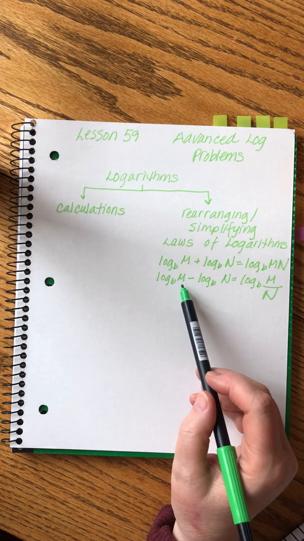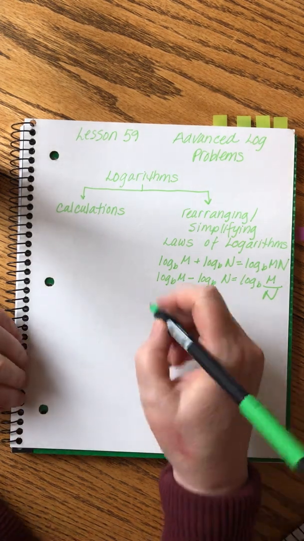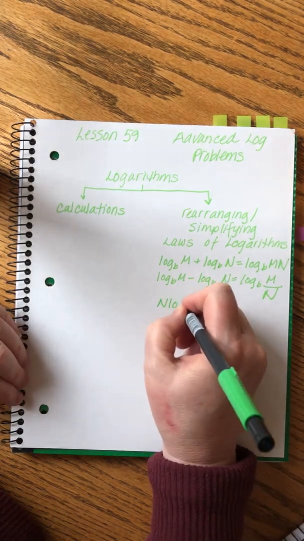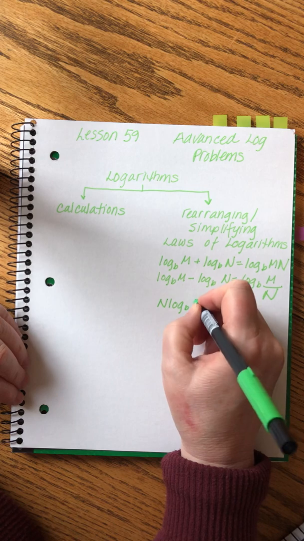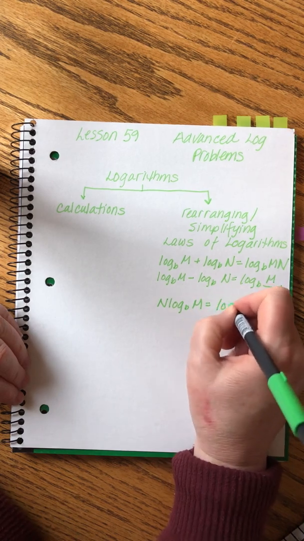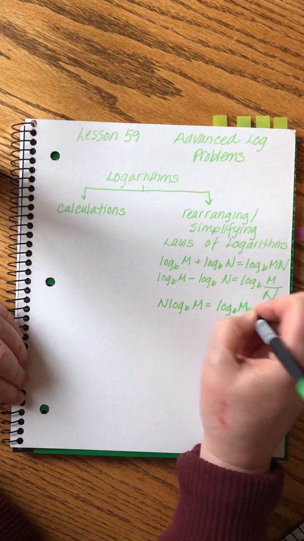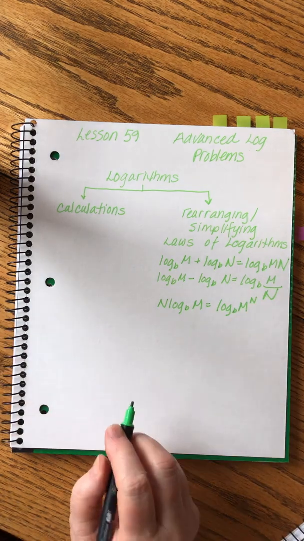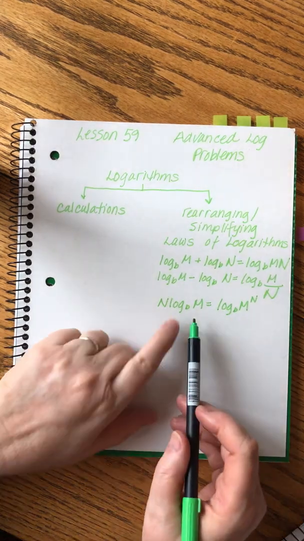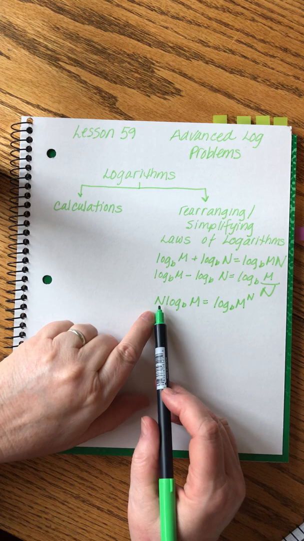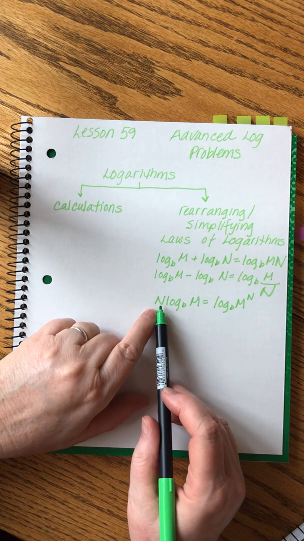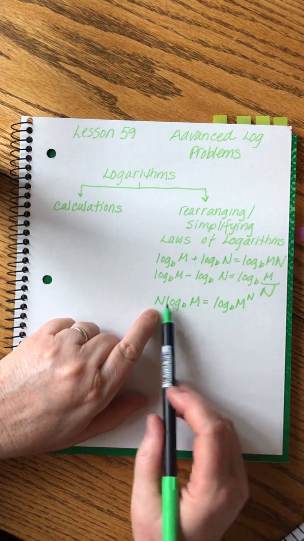There is a third law for logarithms. It matches the third rule for exponents, which is the power rule. It looks a little bit different though. The third one is useful in situations where we have a coefficient in front of our log expression.